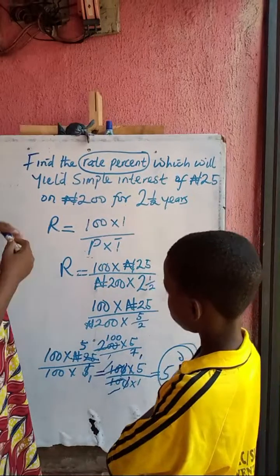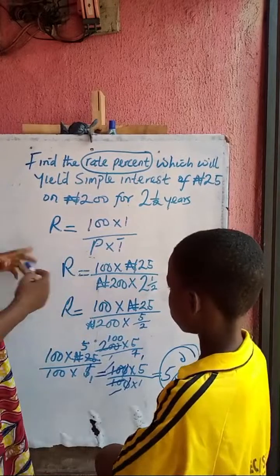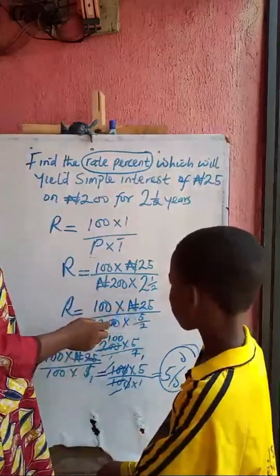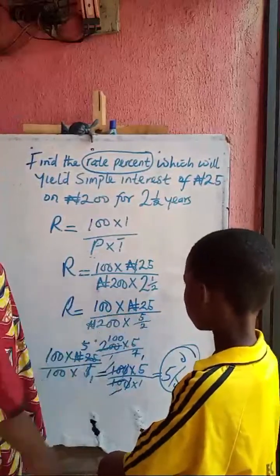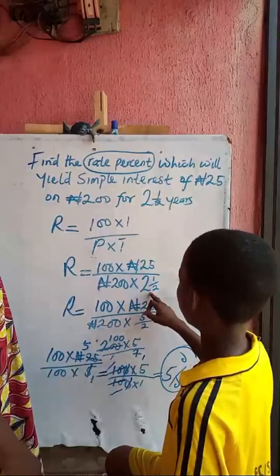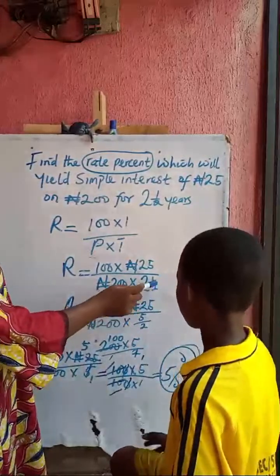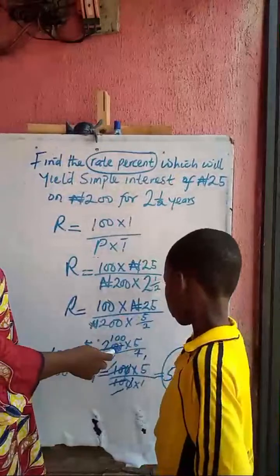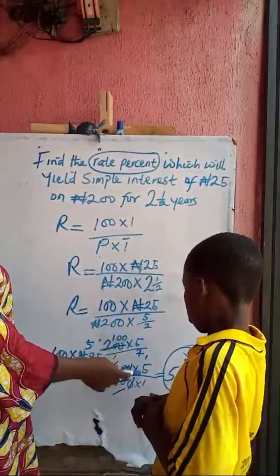Next we say 100 times 25 naira divided by 200 times 5/2. How did we get 5/2? We change this 2.5 years to an improper fraction. That is 2 times 2, 4, plus 1, 5/2. And the down part is 200 times 5/2.